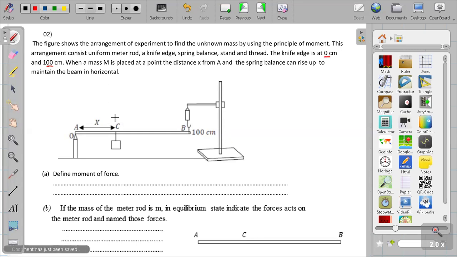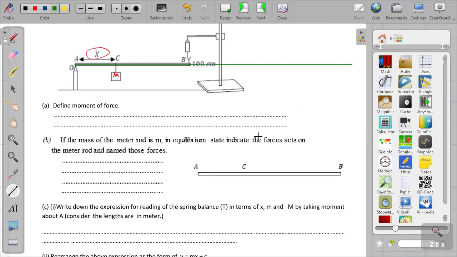When capital M mass is placed at a distance x from A, the spring balance is raised to maintain the beam horizontal. All the time, you have to raise it and maintain the balance horizontally, in a horizontal line like that.